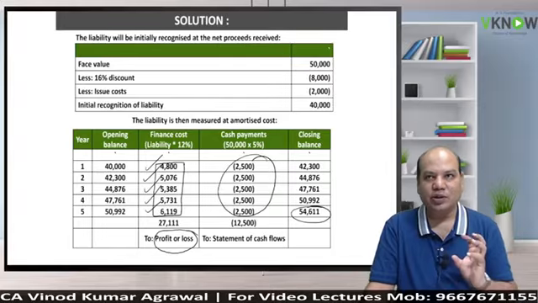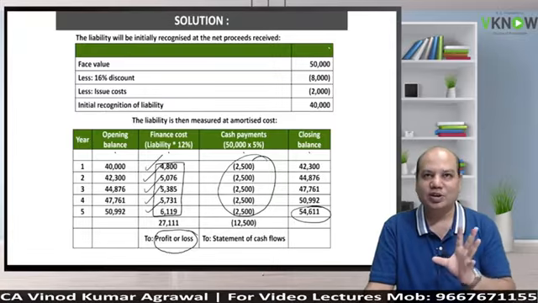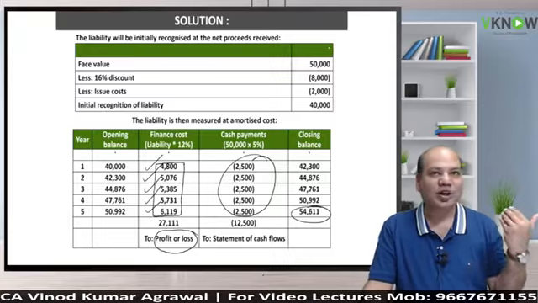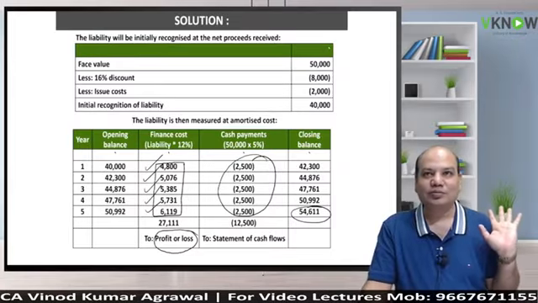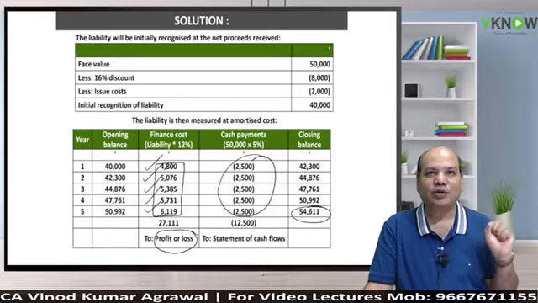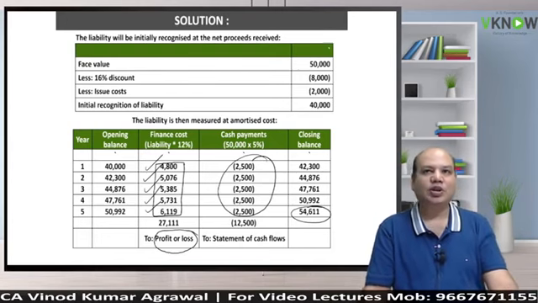Let's say a zero coupon bond, initial amount 40,000, after 5 years you pay 60,000. If I apply old GAAP, you won't recognize any interest in the first 4 years, and directly you recognize 20,000 in the 5th year. That is wrong. So don't look at the payment pattern. You have to see what effective cost you are incurring for using that money.